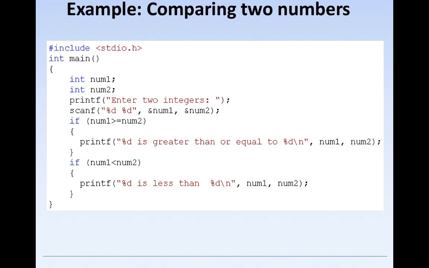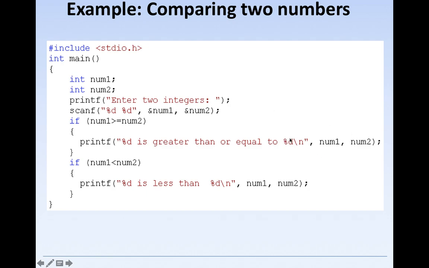Okay, so let's see. We're comparing two numbers using only if, no else here. So else would be if is again true, do this. We don't have an else here. We only have an if. Okay, so I have two integers, number 1 and number 2. Enter two integers. I input them from user using scanf. Okay, if number 1 is greater than or equal to number 2, then I'm going to say number 1 %d is greater than or equal to number 2 %d.